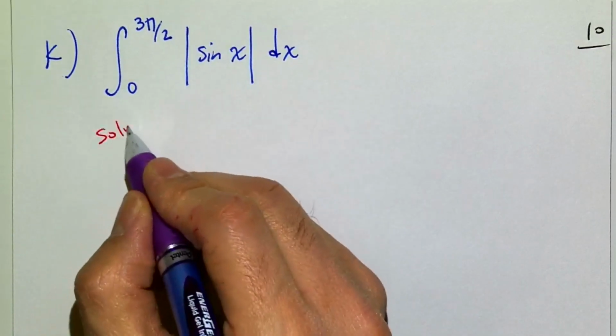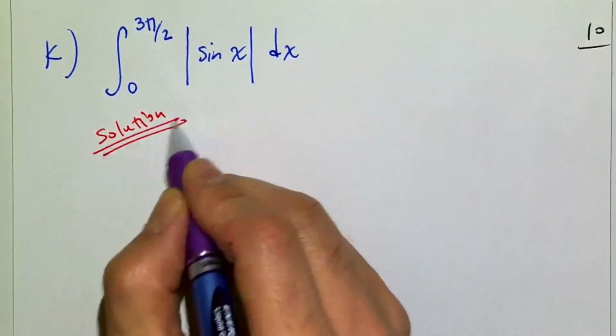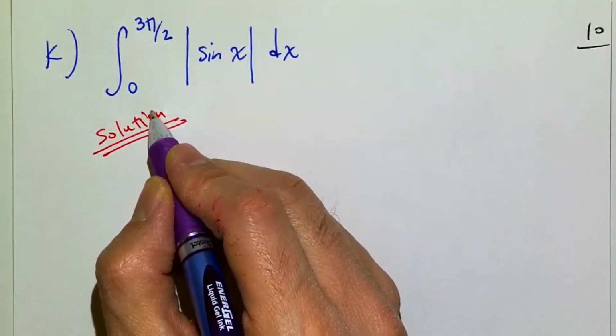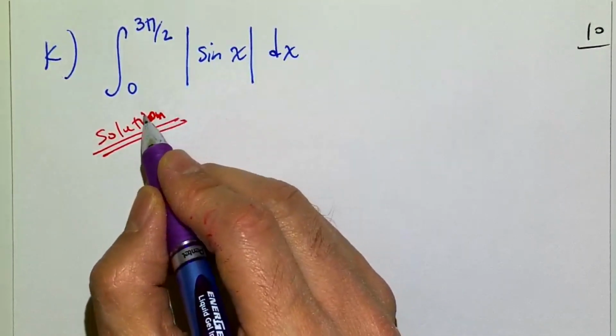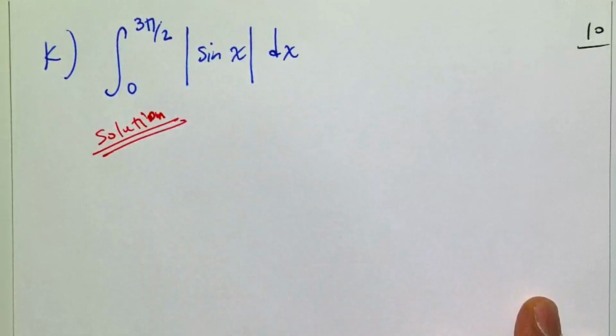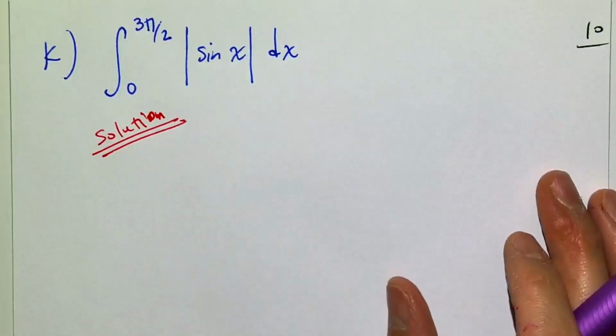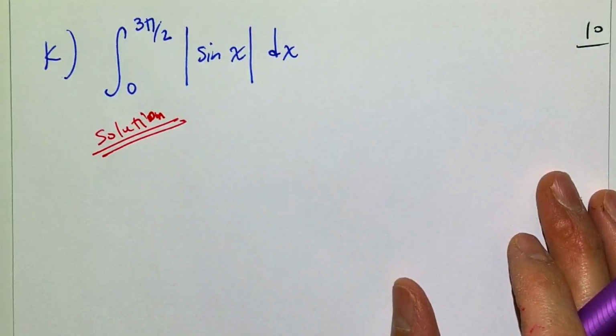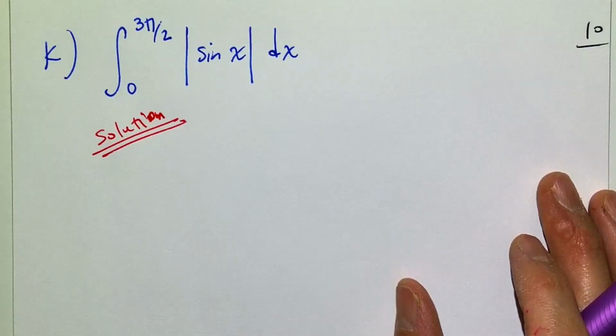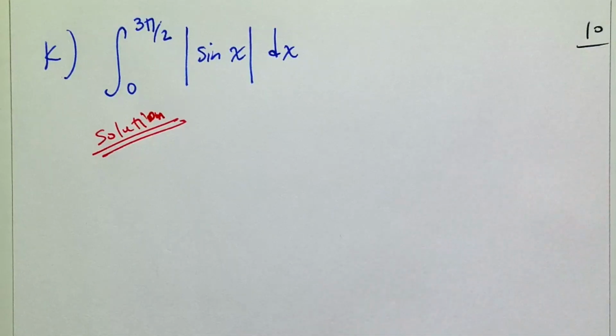Given the previous example, you should be able to get this to the final answer. So please pause the video and attempt this and see what you end up with. And then if you come back, it'll be nice to compare your solution with this. So I'm assuming you've done that, and now you're back.